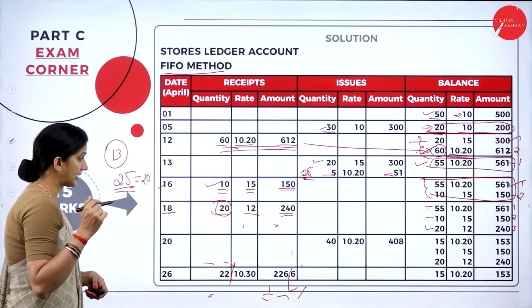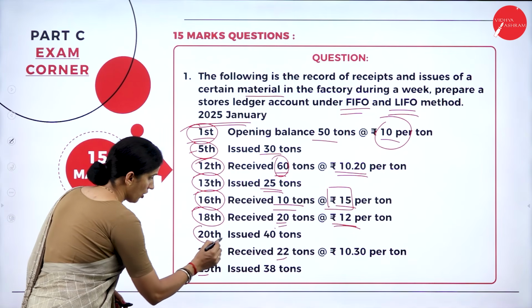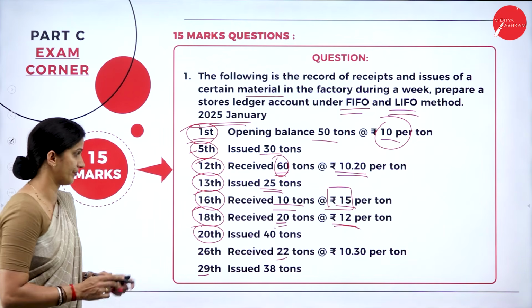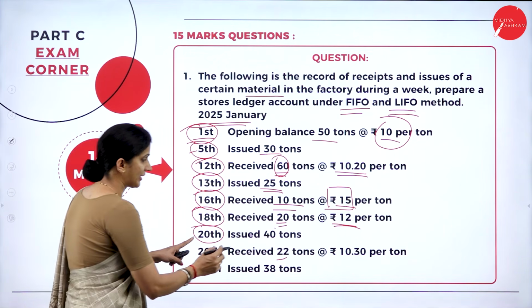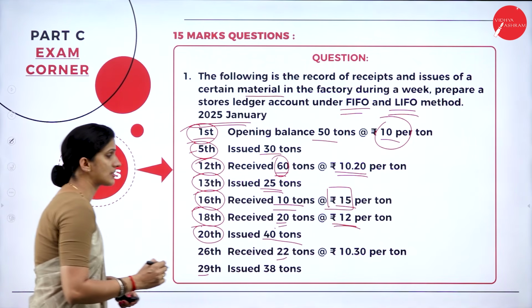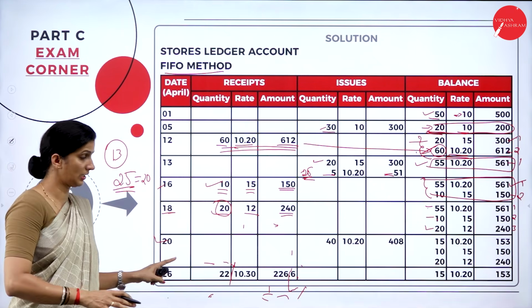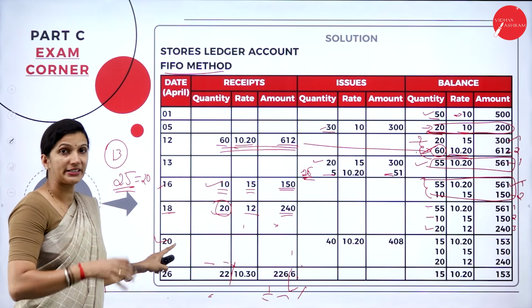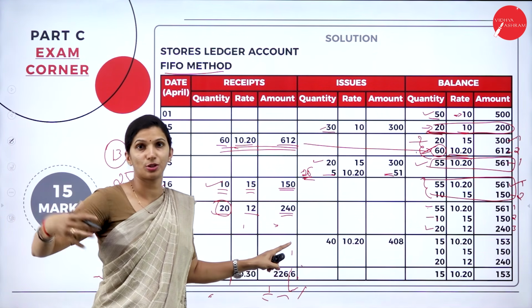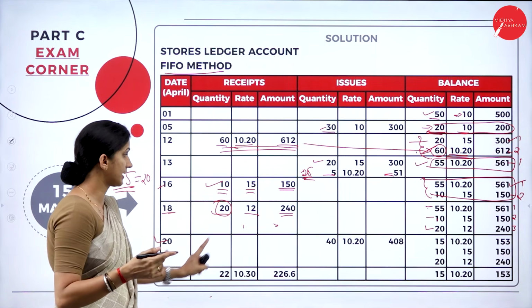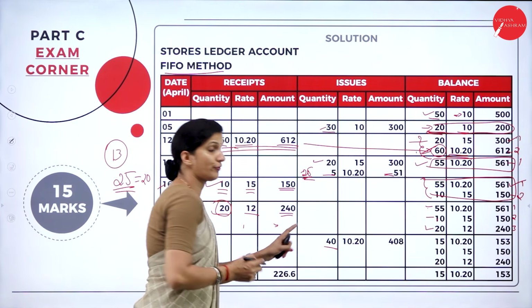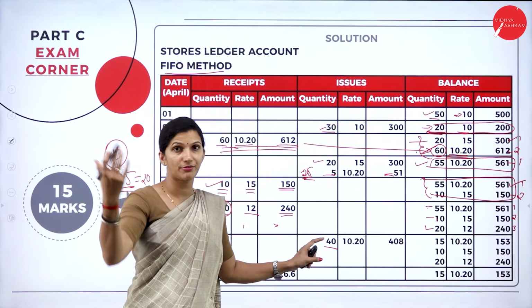Now after 18th, next we have the 20th transaction. What it says is, on 20th issued 40 tons of material. So that means on 20th we need to issue 40 tons of material to the production house. From where will we issue?